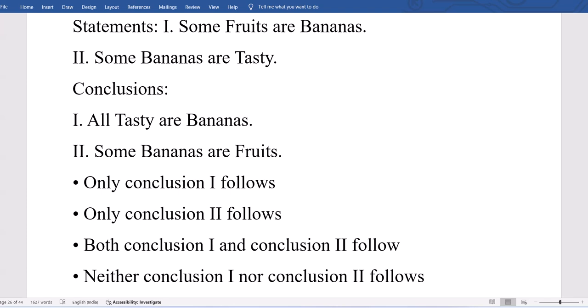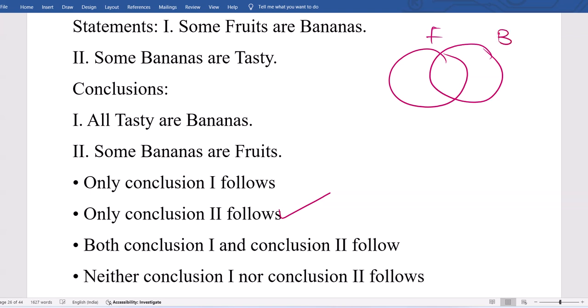Here, what's the answer? Only two. Correct. Some fruits are bananas, some bananas are fruits. Some bananas are tasty, okay. But here all tasty are bananas? No, some tasty are bananas. Okay, some bananas are fruits. Second one correct. First one no.